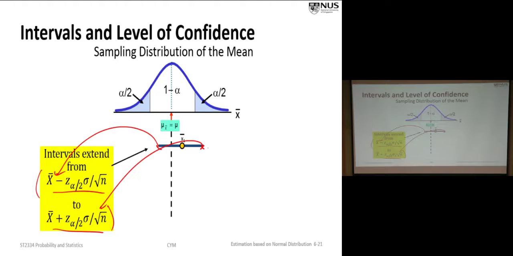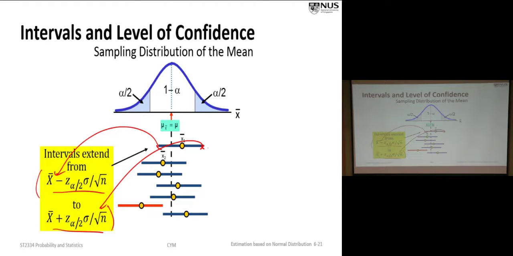Then I take another sample. So this time the sample mean is x2 bar. Then I use the formula again and calculate the confidence interval. So this is the confidence interval. So I can take a third sample, a fourth sample, and many samples. Then the idea is that out of so many, about 100 times 1 minus alpha, or 95%.